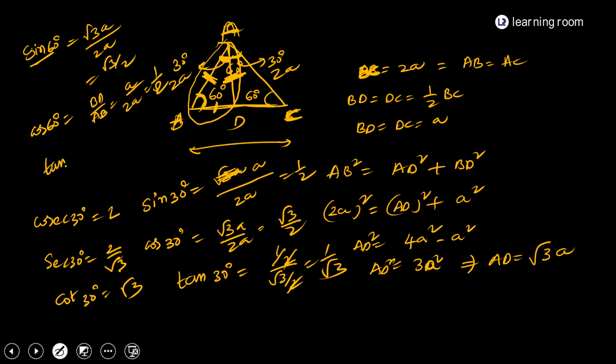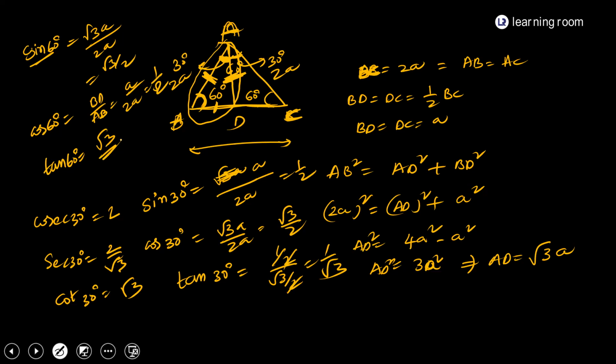Tan 60 will be sin by cos, will be root 3 by 2 by 1 by 2, which is root 3. Cosecant 60 will be 1 by sin 60. Secant 60 will be 1 by cos 60. Cot 60 will be 1 by tan 60. Understood? Any clarification? Clear now?